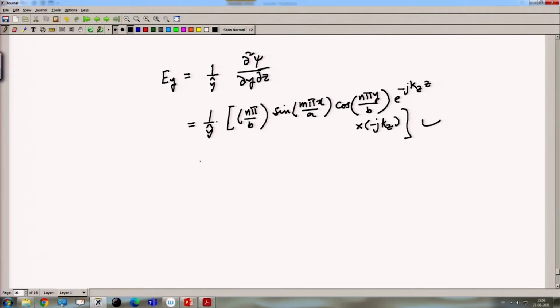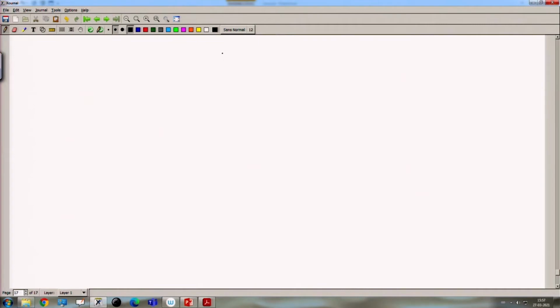Now, let us consider the fields that are transverse electric to Z. We obtained the expressions for the TE to Z mode by the substitution f equal to u z psi.